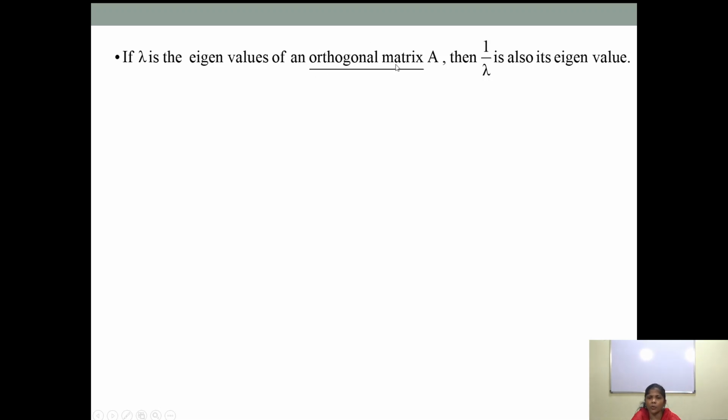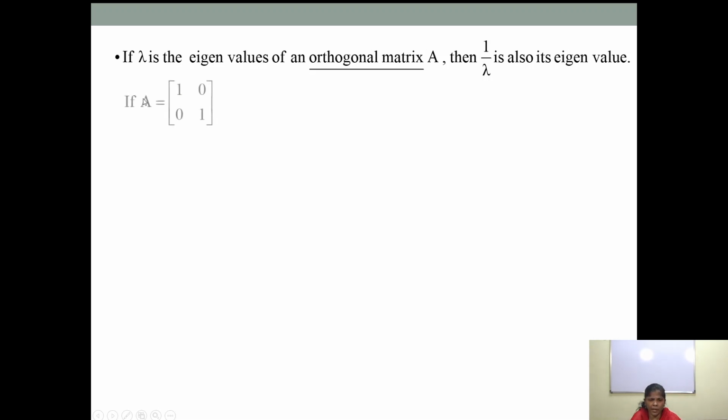That is called an orthogonal matrix. Then 1 by lambda is also its eigenvalue. So this property is helpful if we know at least one of the eigenvalues. Say A is a 2 by 2 matrix and one of the eigenvalues is given, then you can find the other one directly by applying this property.